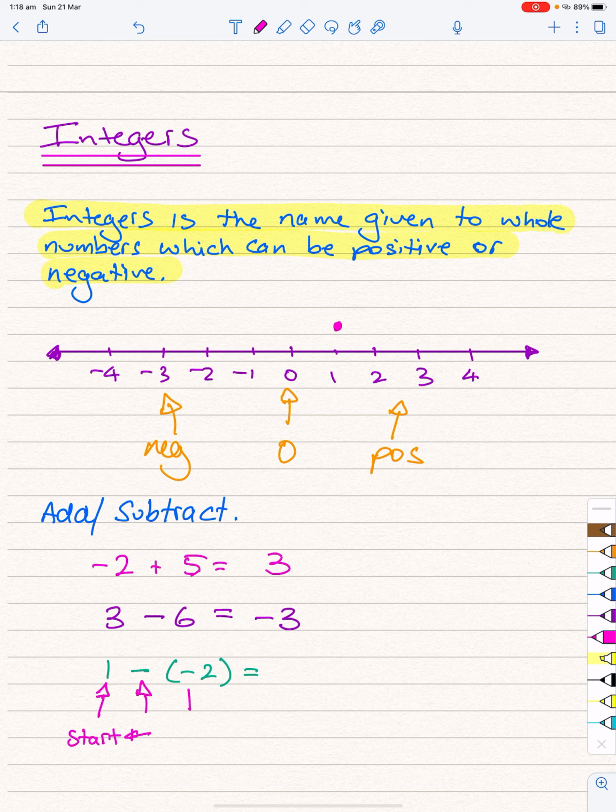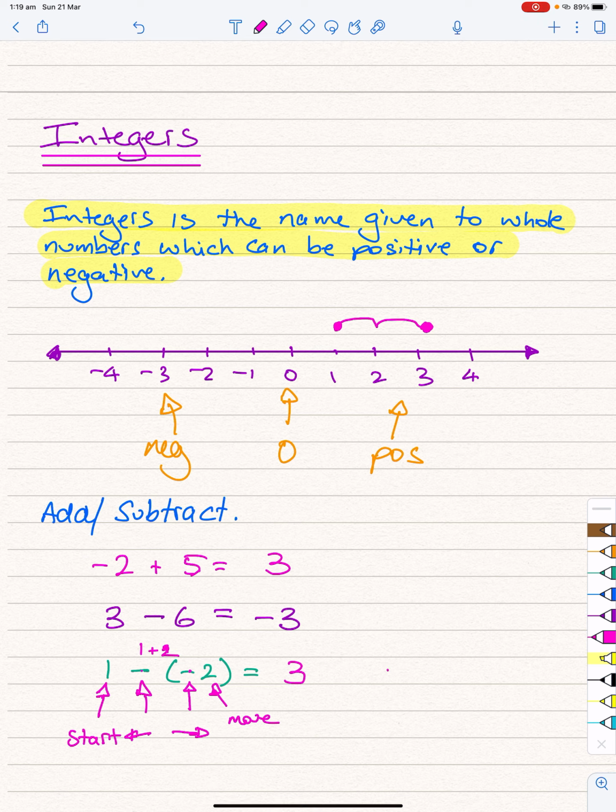But then when I go to my -2, I've got another negative symbol. That means reverse the order. So now instead of going left, I'm going to go right. And I'm going to go right 2 spots. So instead of a take away -2, what really is happening is I'm doing 1 plus 2. Okay, those 2 minuses become a plus. So start at 1, and instead of going left, I'm going to go 2 spots to the right, and I'm going to end up at 3.